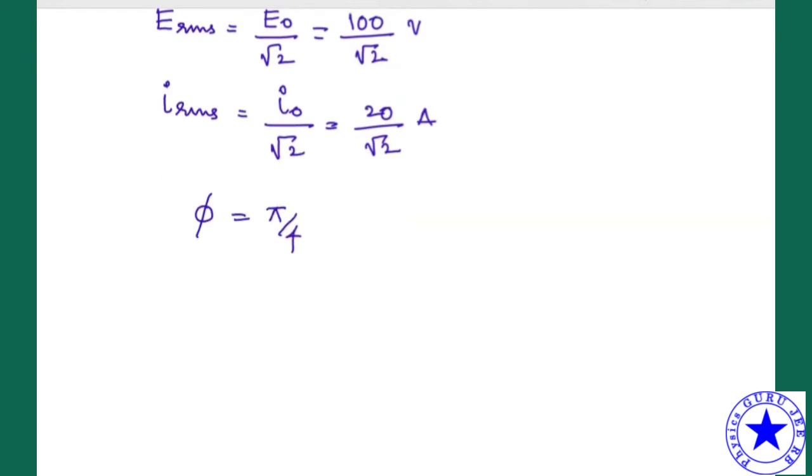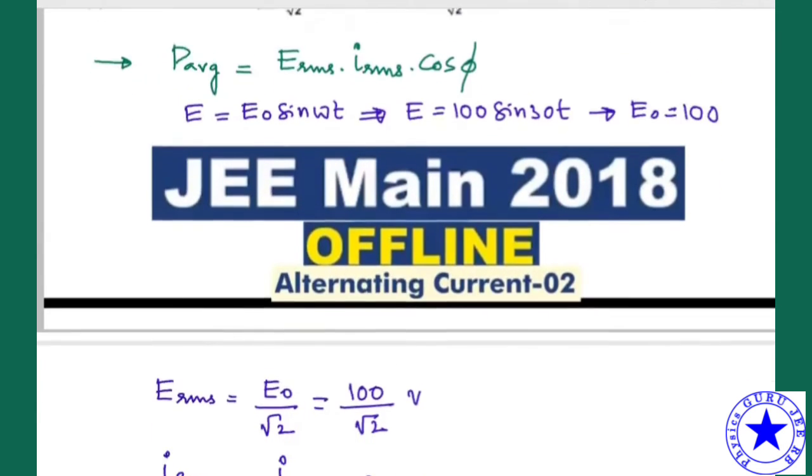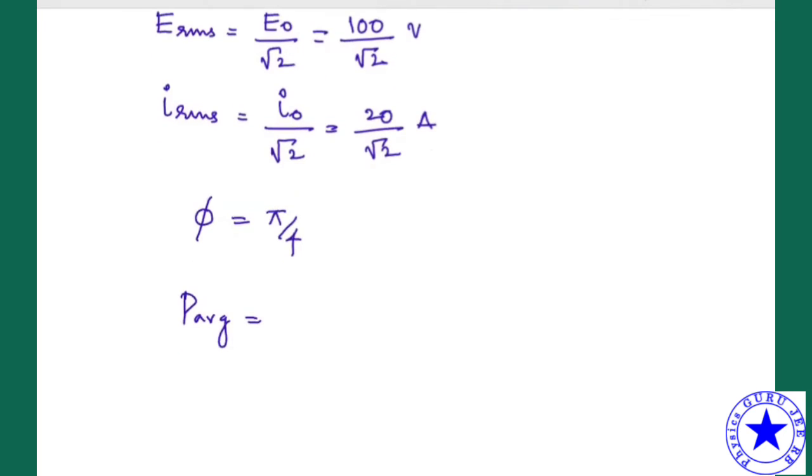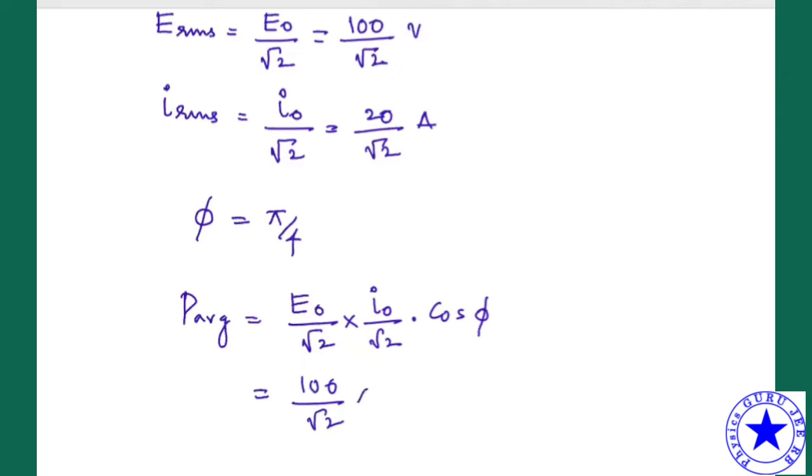Now we can substitute all the values. Average power is ERMS into IRMS into cos phi, that is E naught by root 2 into I naught by root 2 into cos phi. So 100 divided by root 2 into 20 divided by root 2 into cos pi by 4, which is 1 by root 2.